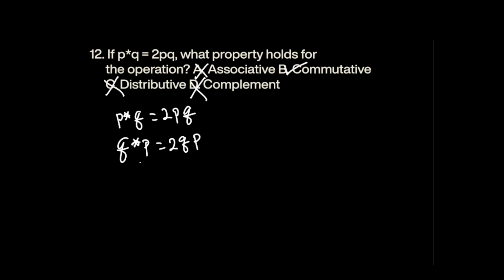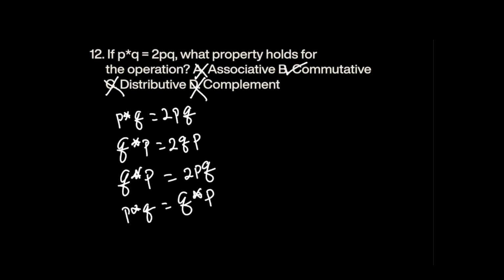Since multiplication is commutative, Q operation P is the same thing as P operation Q. Since P operation Q is equal to Q operation P, we can conclude that the law that holds is commutative.